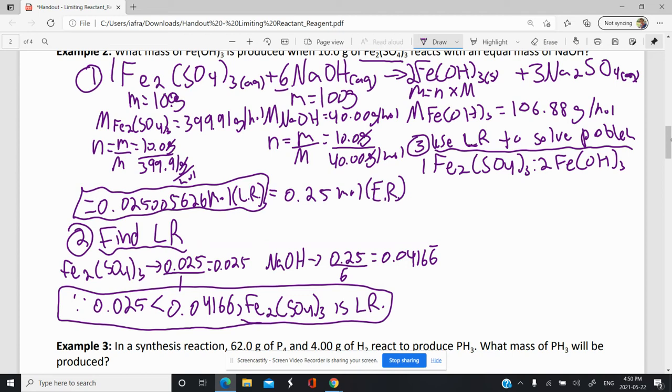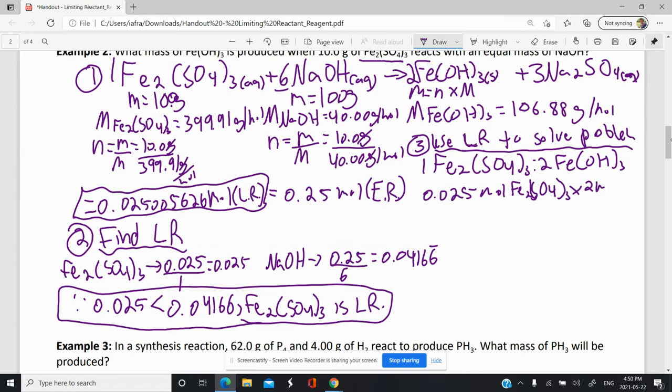So we can take our moles. I'm not going to put all the digits in, but they're still in my calculator. Moles of Fe2(SO4)3 times our ratio.